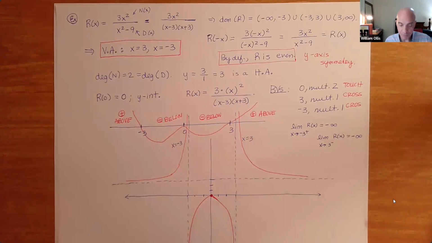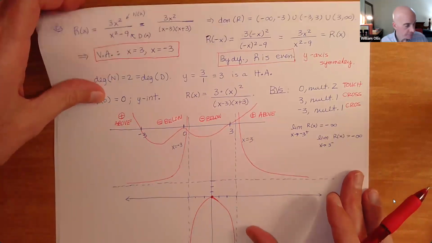So let's try another one. Remember, when we talk about rational functions, we're looking at ratios of polynomials. So let's get another one that has some interesting features. Oh, this one will be interesting.